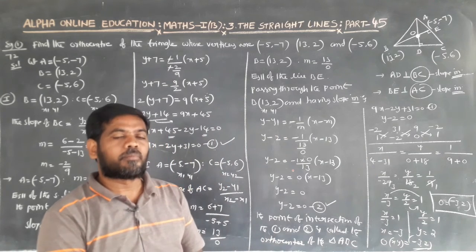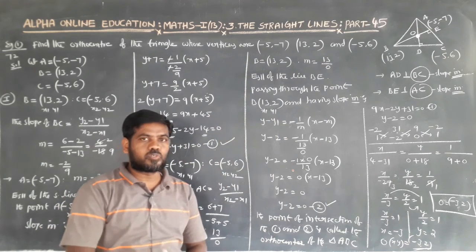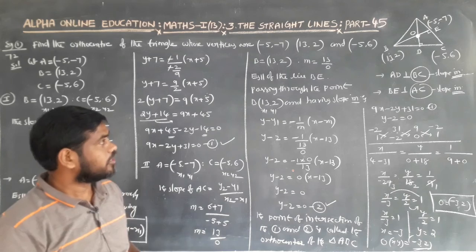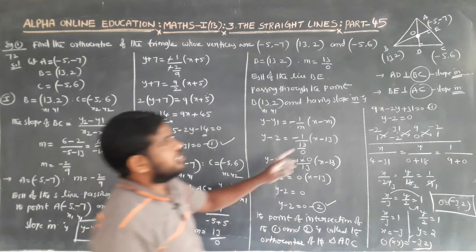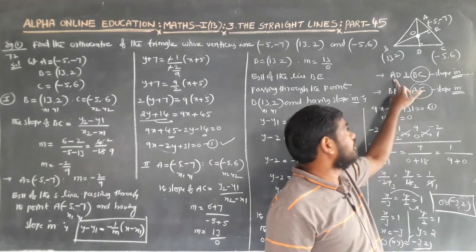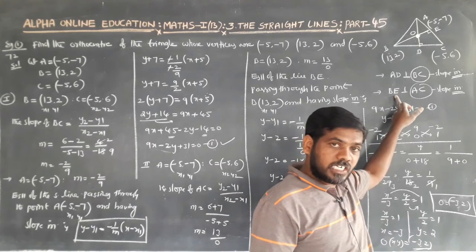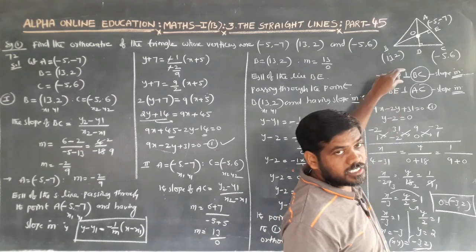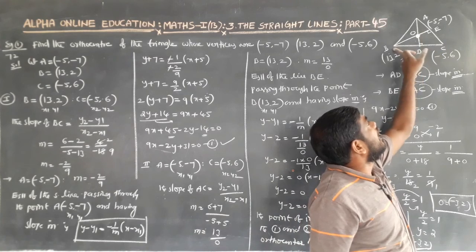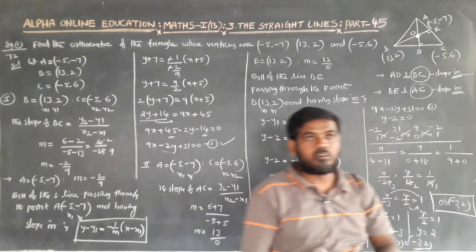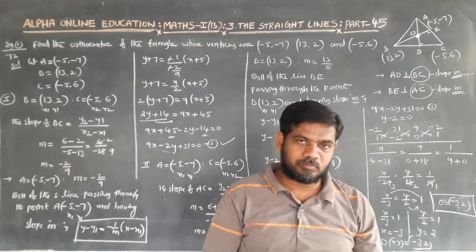This is the process for finding the orthocenter of the triangle. First of all, find the equation of AD and the equation of BE. The point of intersection of the lines AD and BE is called the orthocenter of the triangle.